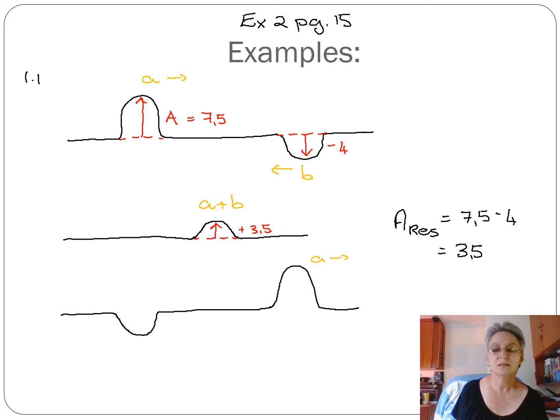It means that the amplitudes of these pulses would be what they were before the interference took place. So that is 7.5 amplitude, and this one is a -4 amplitude.